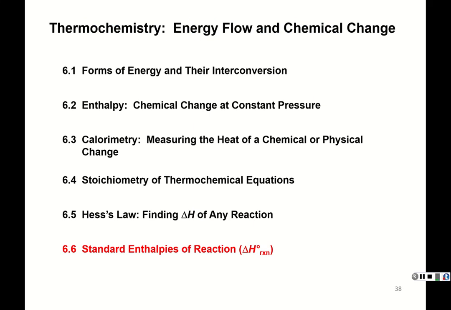The final section in Chapter 6 talks about the standard enthalpies of reaction. So here's another way of calculating the delta H of a reaction. And honestly, it's probably an easier way than Hess's law.